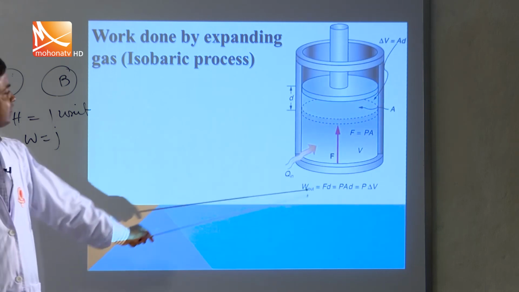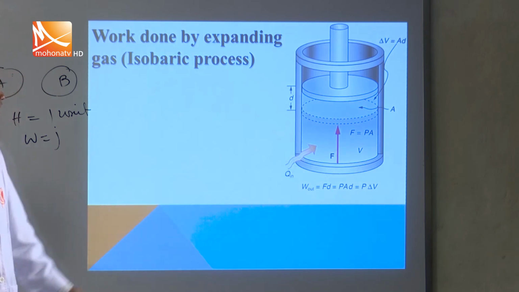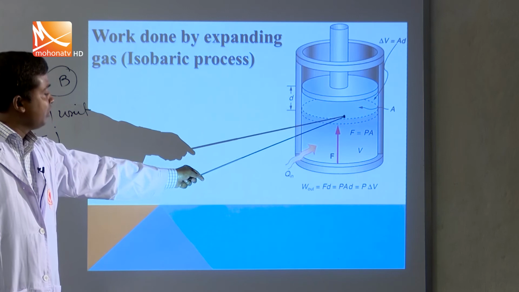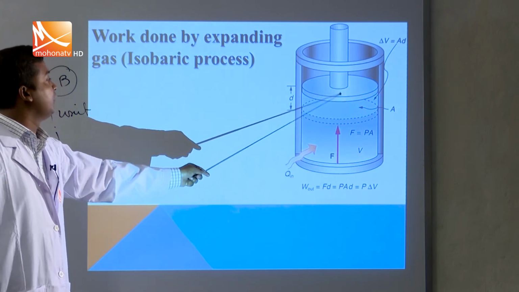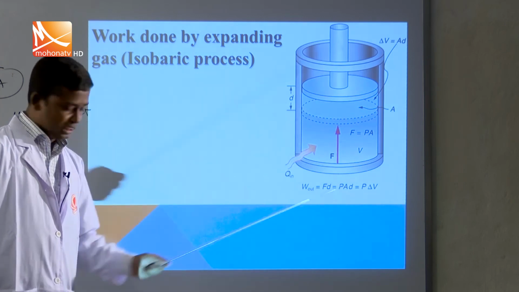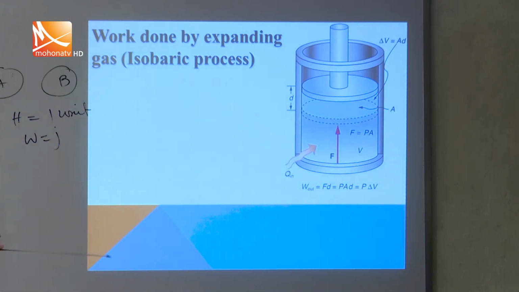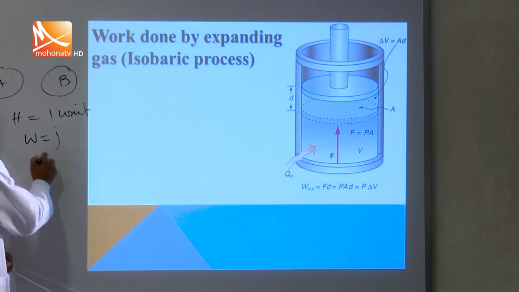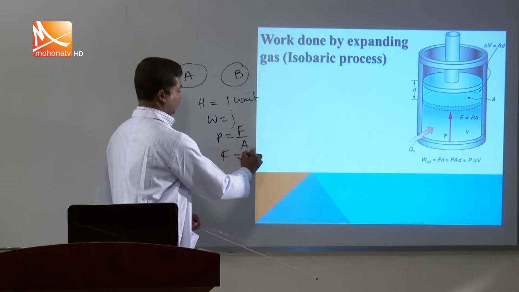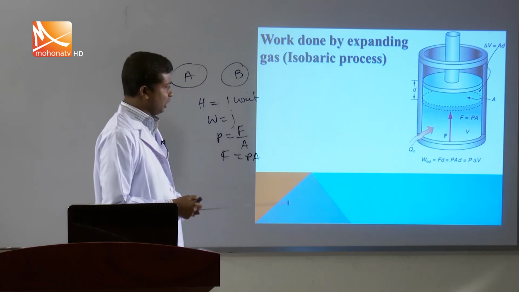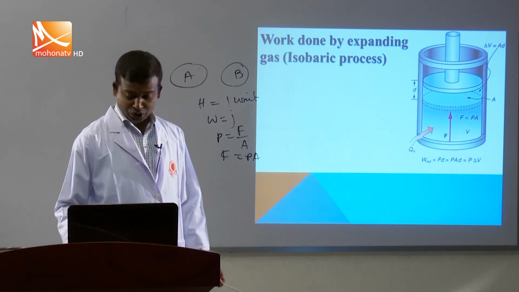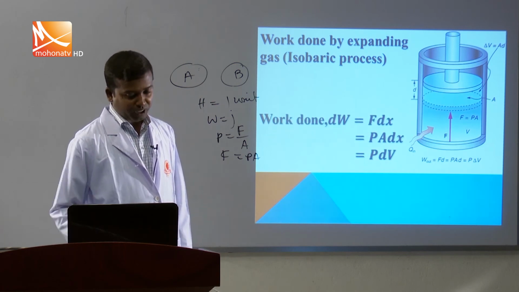This is a cylinder containing some amount of gas where the pressure of the gas is P, fitted with a frictionless piston having area A. As you know, pressure P equals F by A, so force F equals PA. So the gas applies a force PA on the piston.